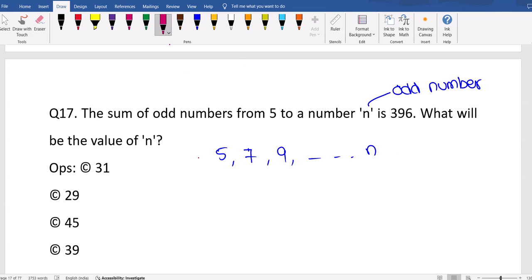The sum of terms in AP is the number of terms divided by 2 into first term plus last term. Or else what can be done? The sum of odd numbers is n square actually. But they removed 1 and 3, so 20 square. So 20 means 39 is required. So the answer is actually 39.